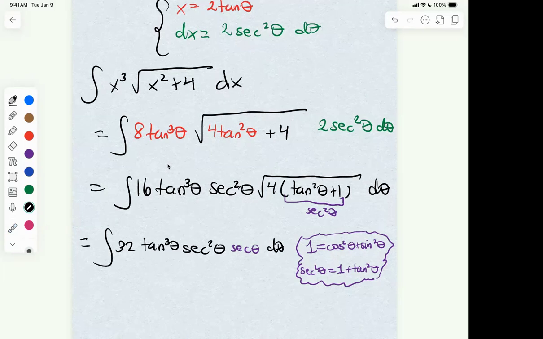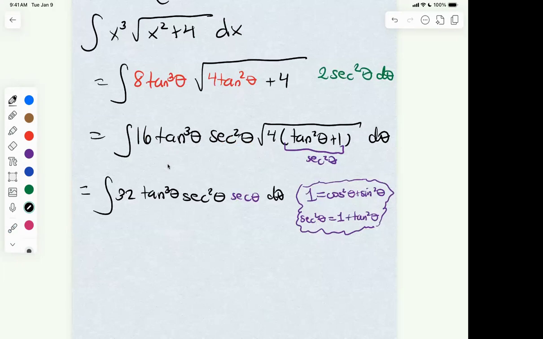That making sense? So far, so good. So what we end up having to integrate is 32 tangent cube of theta times secant cube of theta d theta.